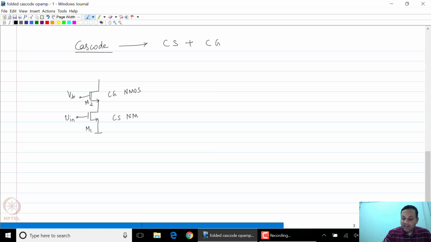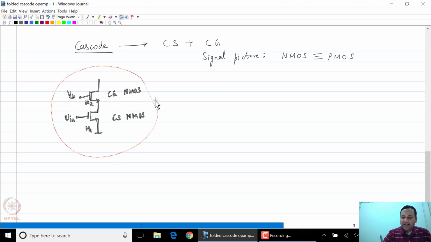So both these transistors are NMOS, but please note that as far as the signal picture is concerned, the NMOS and PMOS are identical. They have the exact same small signal equivalent circuit. Therefore, you should be able to realize a common source common gate combination where each of these transistors could be of either type, and therefore we come up with 4 different types of cascode structures.